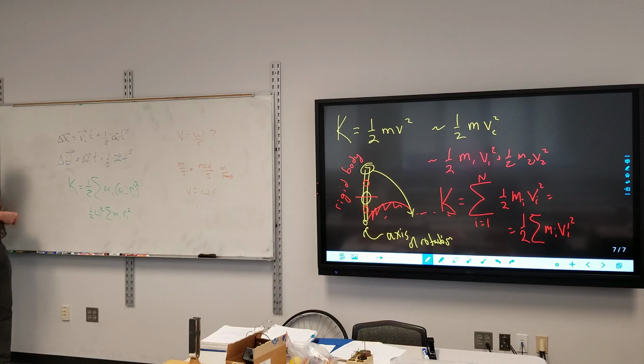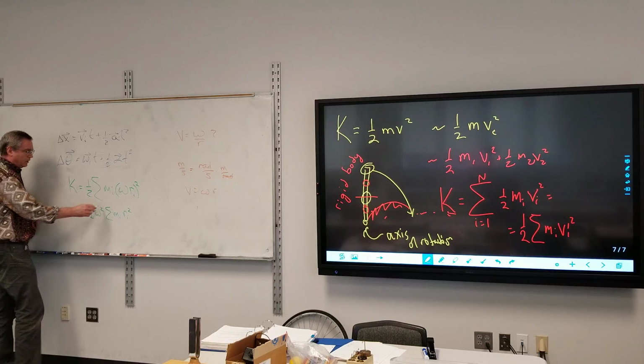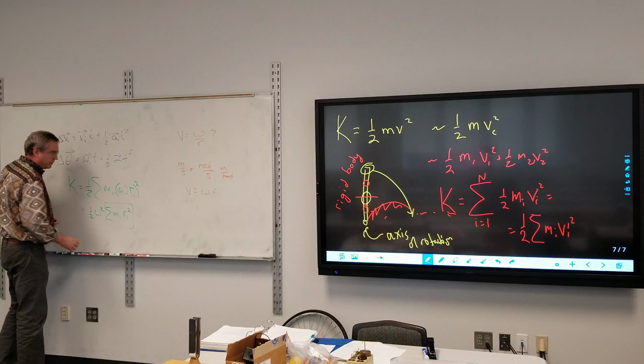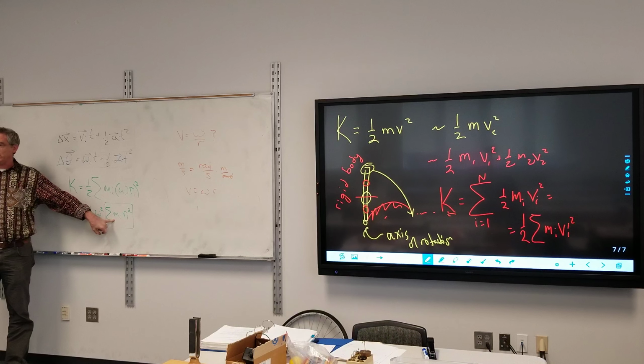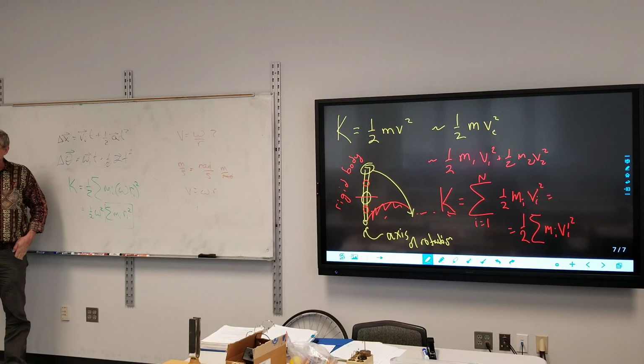At this point, if we break it up into an infinite number of terms, well, if I have any mass and I break it up into an infinite number of pieces, this mass becomes incredibly tiny. And what do we call that in calculus?